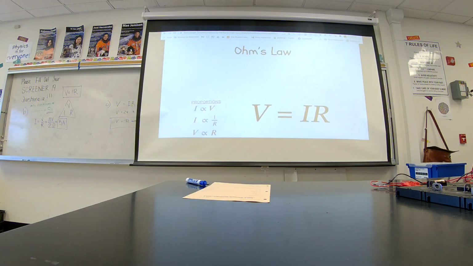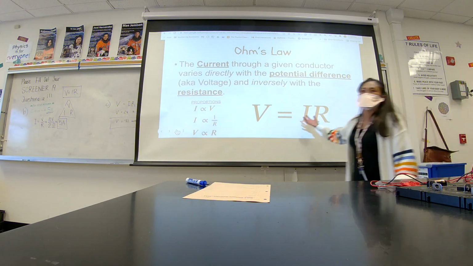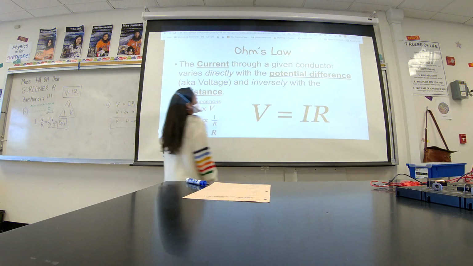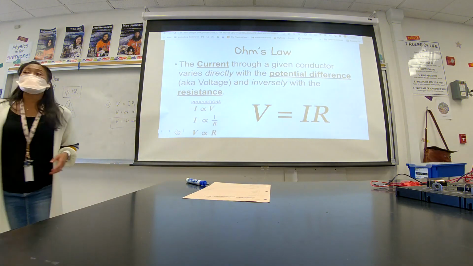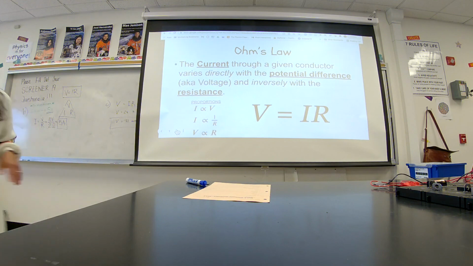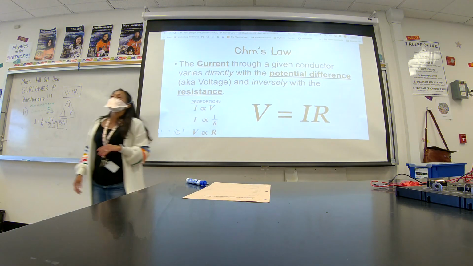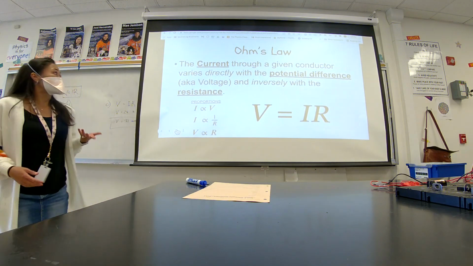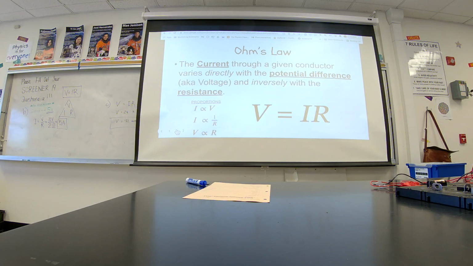This you should already have in your review sheet, but it's basically the fact that current through any sort of conductor, like a wire, varies directly, so a direct proportion with voltage, but that your current is inversely proportional to your resistance.